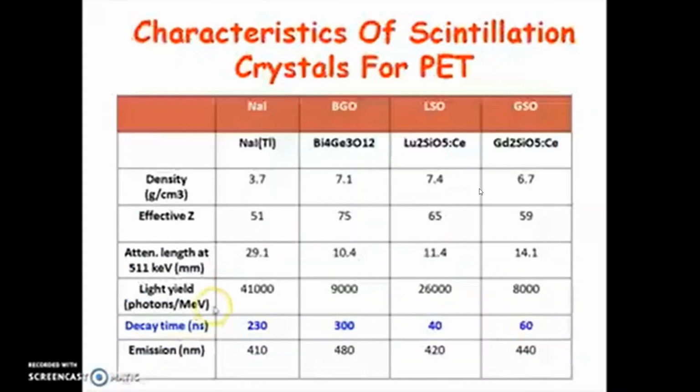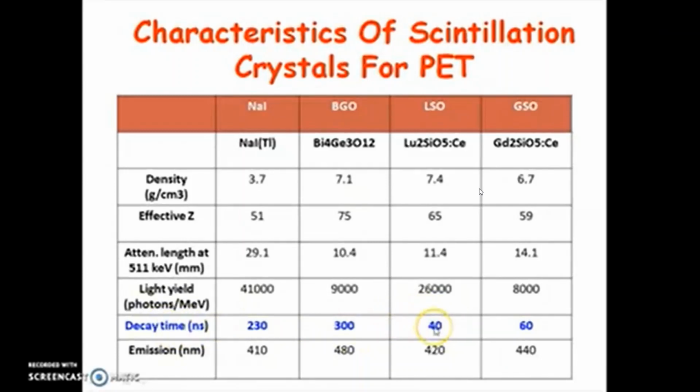Why do we prefer LSO? This shows the characteristics of various crystals used for PET. Only one point I would like to highlight here is the decay time, indicated in blue. Compared to all the other crystals, LSO has a very short decay time, 40 nanoseconds. That is a great advantage. First, let us understand what decay time is.